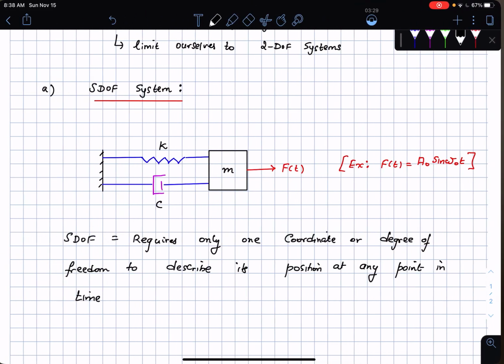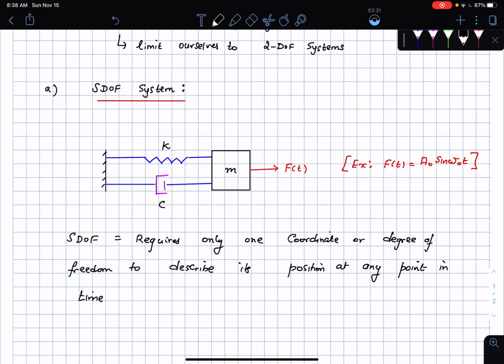Many things that we have been looking at in dynamics, the simple pendulum or maybe even the compound pendulum, the equation of motion, they're all single degree of freedom systems.